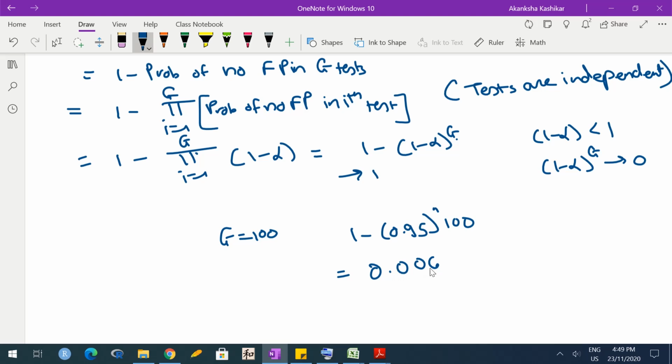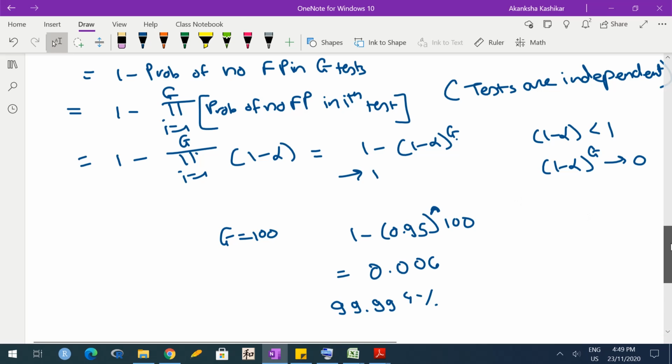So 0.006 means what? Probability of at least one false positive is already 99.994 percent, even when G is equal to 100, where 100 is not really a large number. Getting 100 variables is very common these days. So it means that the family wise error rate will almost always tend to 1.